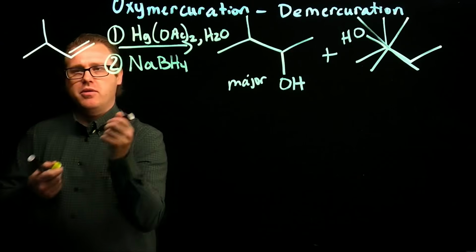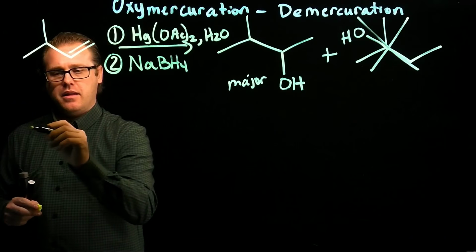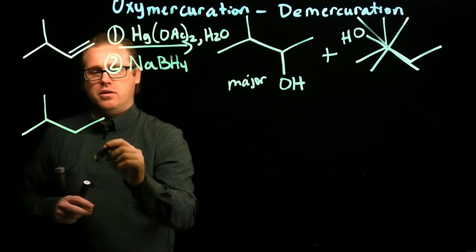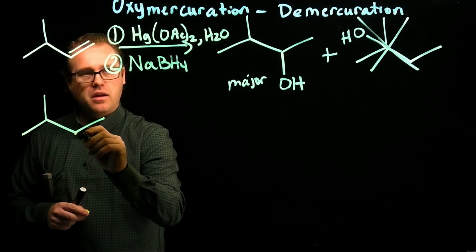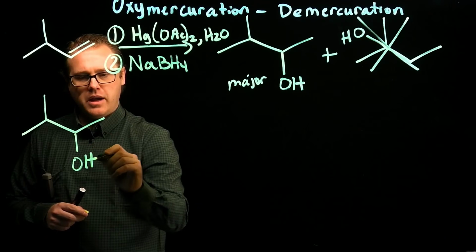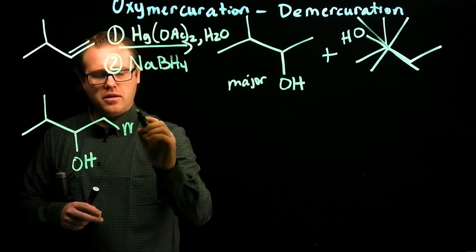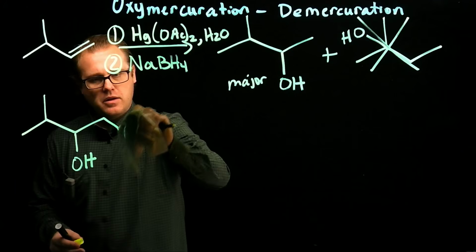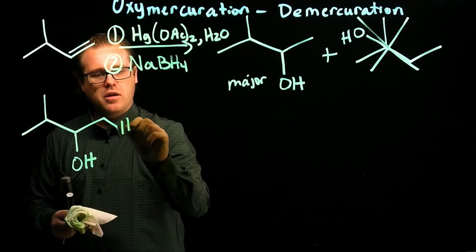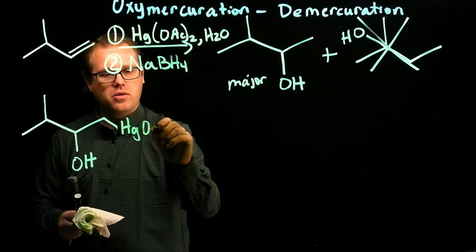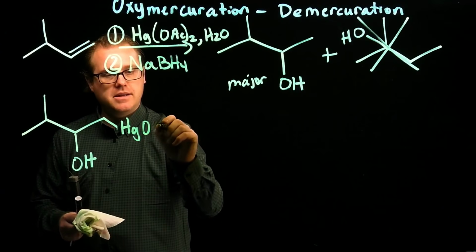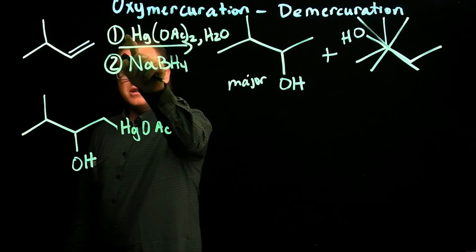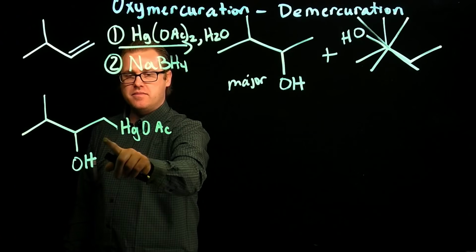After the first step, you're going to generate this molecule right here, with OH and mercury OAc. So after the first reaction, this is what you generate.